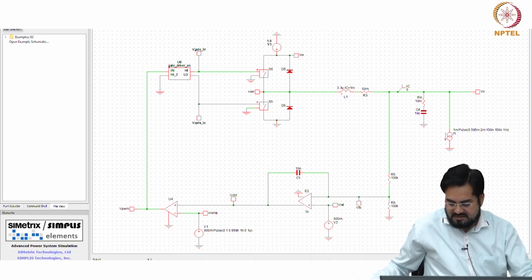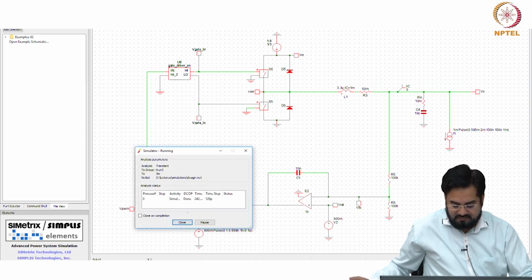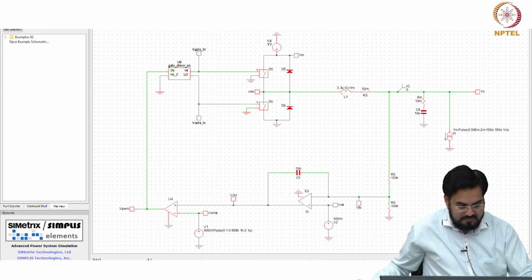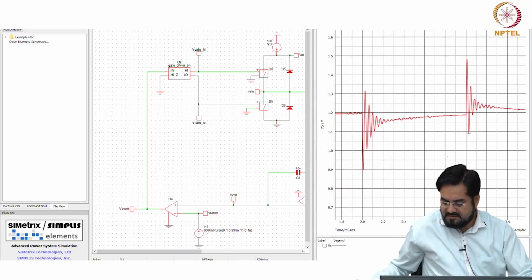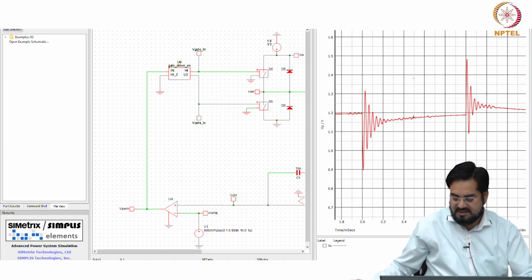So that ringing is not that high. Okay, so you can see I am applying the load here, releasing here. So it dips and then rings and settles, and this ringing should be at resonance frequency, you can check it.